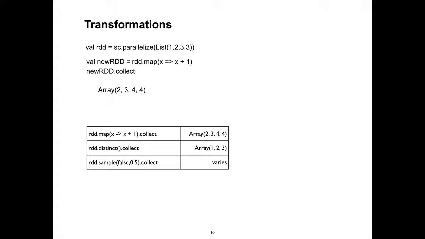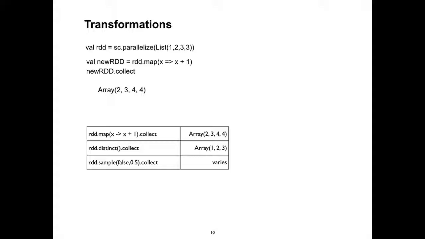And map is a transformation. So it's not going to be executed on the master node. It's going to be executed on the worker nodes, right? And all I'm doing is adding 1 to all the values. That's interesting.